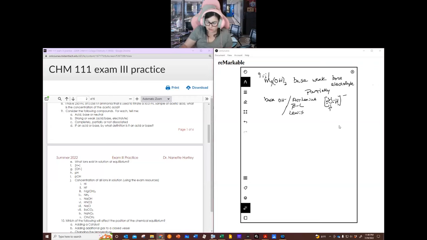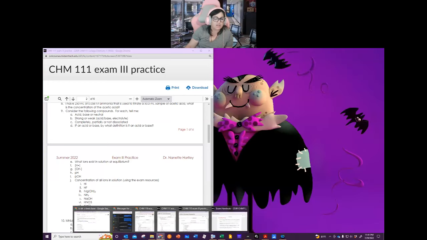So, what ions exist in solution at equilibrium? We're going to end up with some Mg2 plus, some OH minus, and of course, Mg(OH)2, which is really going to stay a solid. But that's what we got. Now, given that it's not really soluble, the question becomes, how do I deal with that?